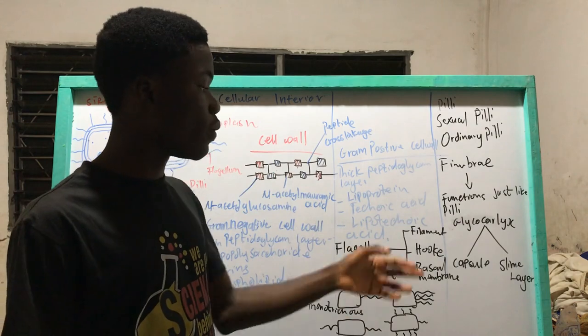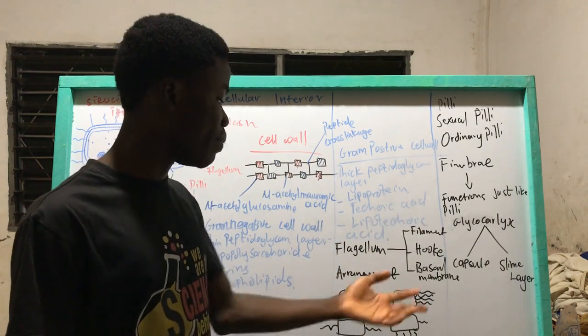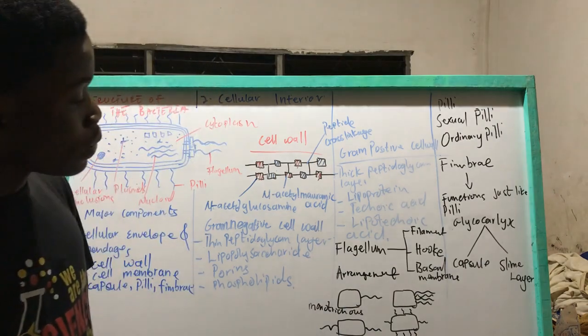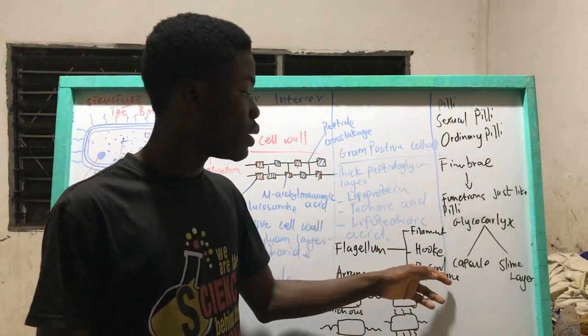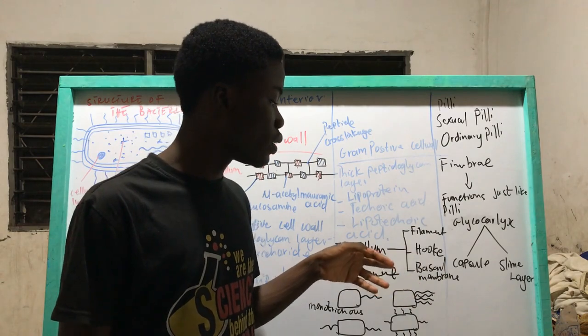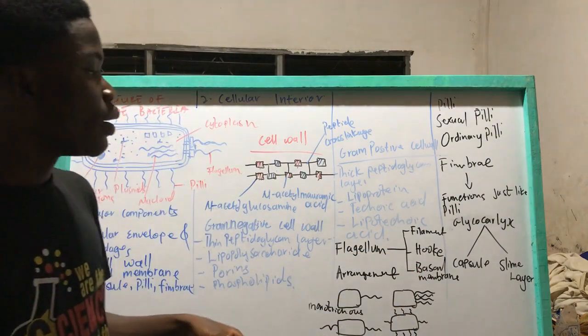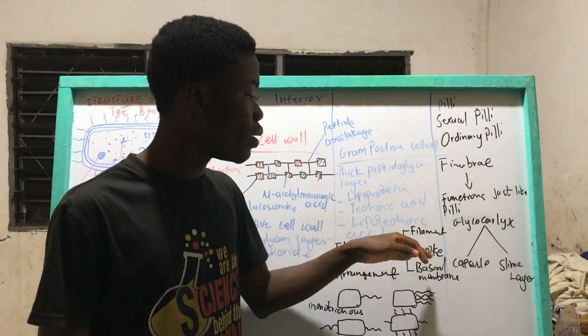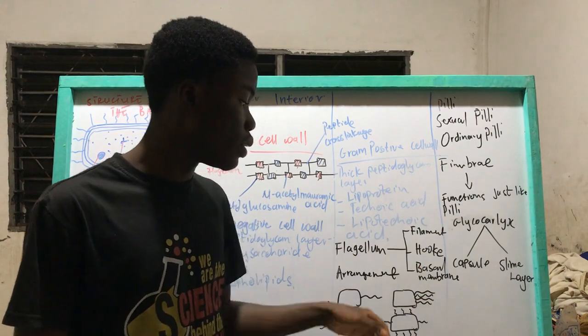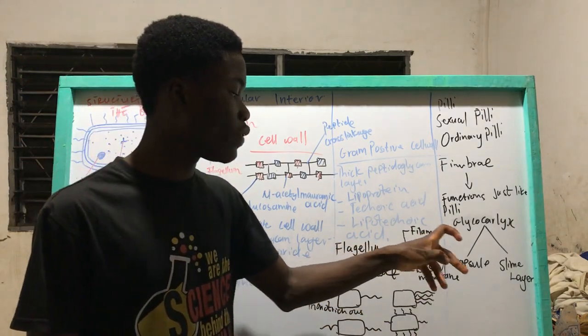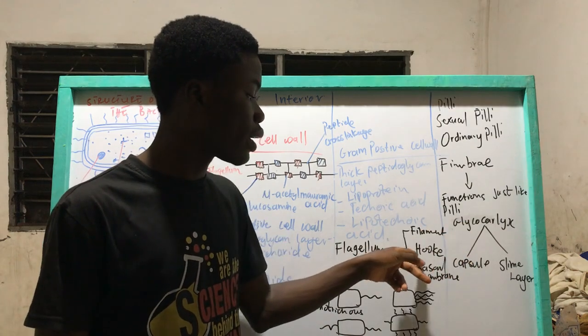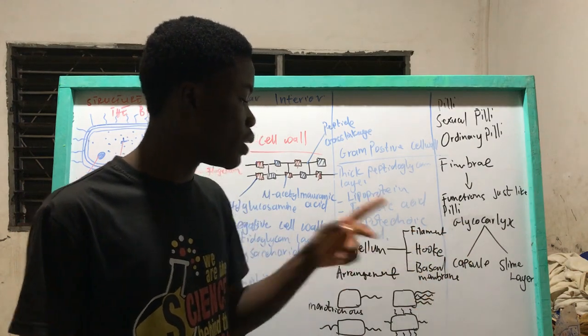It is made up of the filament, the hook, and the basal body. The basal body is attached directly to the plasma membrane, while the hook is the intermediary between the filament and the basal body. The hook is a curved structure that links the filament to the basal body.